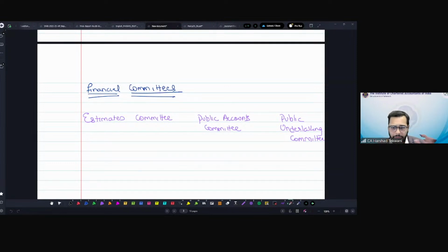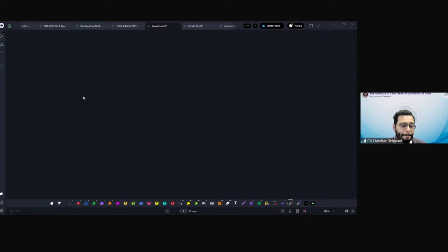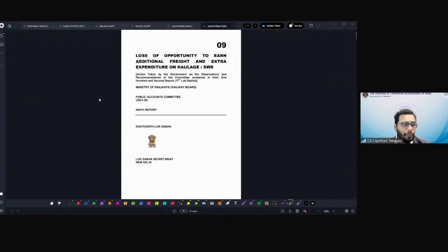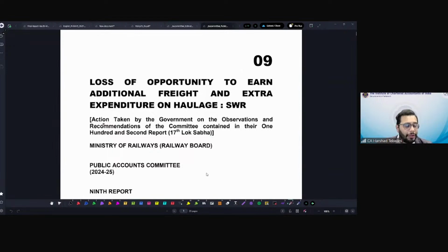And again, the way I discussed for the Estimates Committee, they also have meetings. They present the report, the report is presented to the Houses, and then it is discussed. I'll just show you a report. This is the report of the Public Accounts Committee for the Ministry of Railways, on loss of opportunity to earn additional fares or something like that.